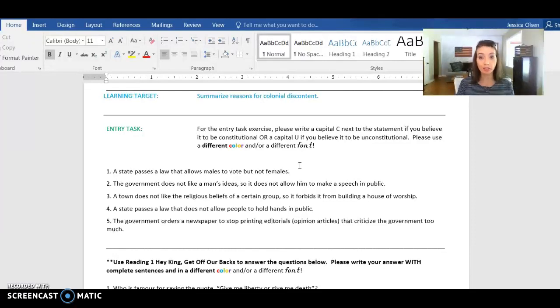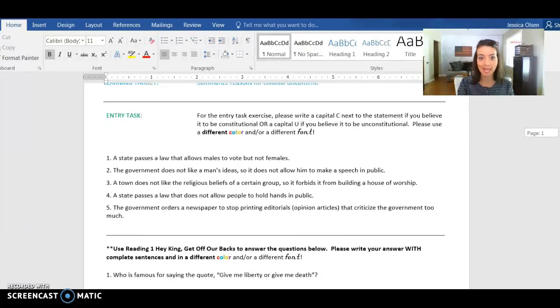So the word constitutional means that you believe that it is lawful, that it is okay. And then unconstitutional, it is not lawful, it goes against the Constitution. Okay, so once again, you're reading this statement. You are placing a C if you believe that statement to be constitutional, okay by law, or a U, unconstitutional, if you don't think it is okay by the law.